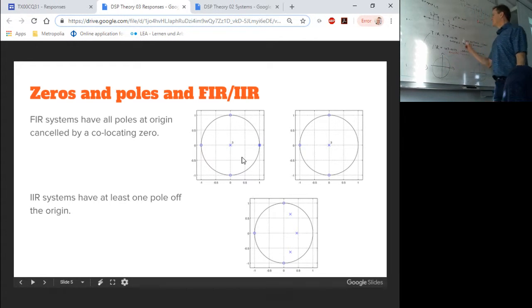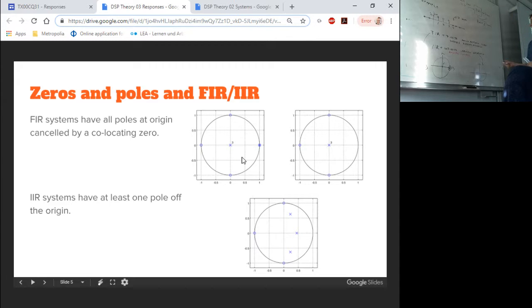For finite impulse response systems, all the poles must be at origo, n poles, or have a pole with canceling zero. The zeros can be anywhere. For the finite impulse response system, all the poles are exactly zero, or it has the canceling zero pole pair.